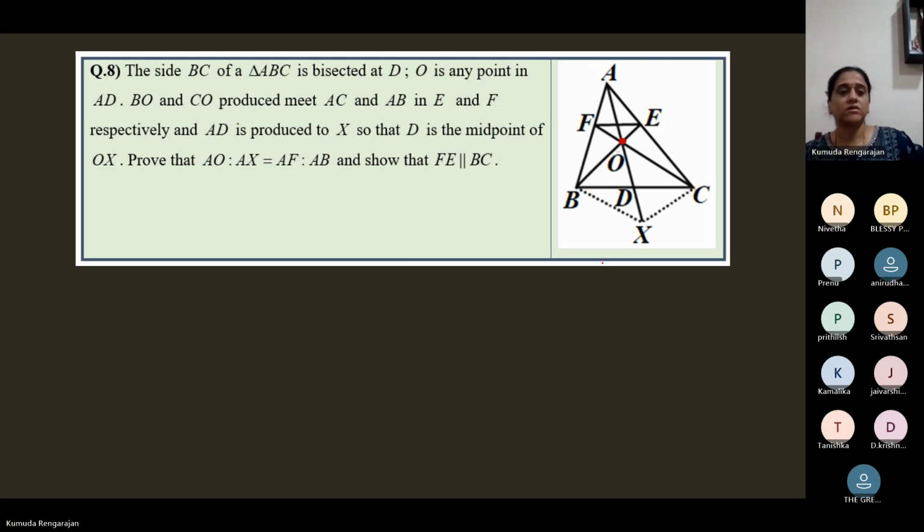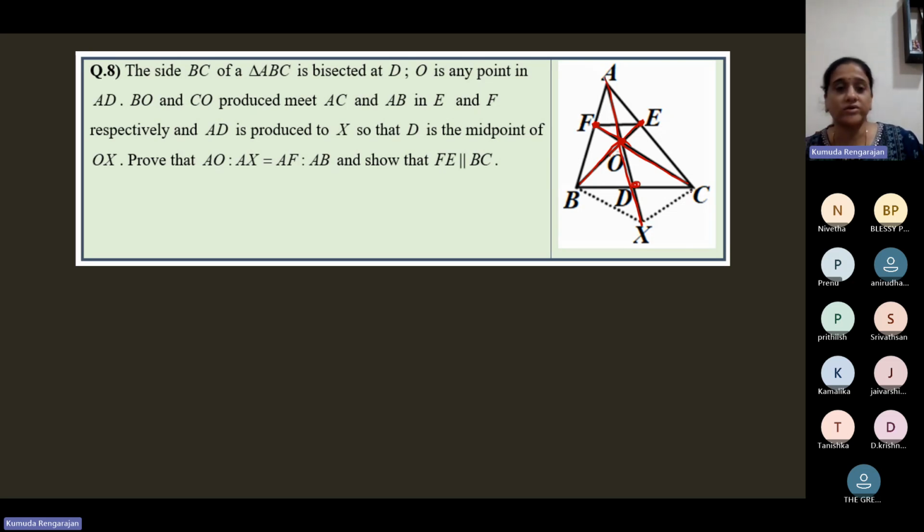BO and CO produced, when you produce them, they meet in E and F respectively. And AD is produced to X, so that D is the midpoint of OX.